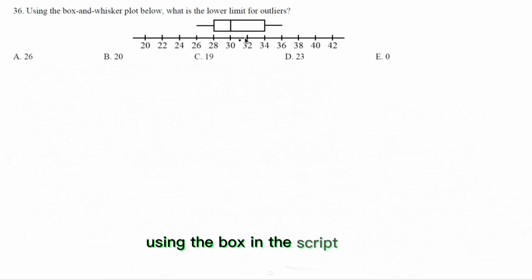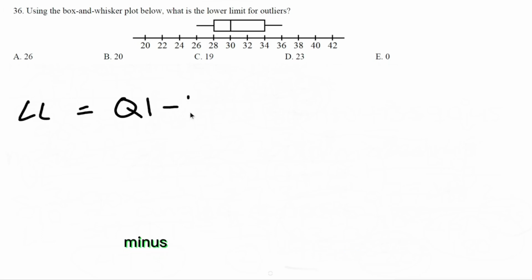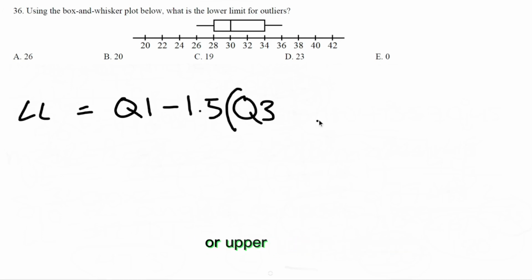Using the Box and Whisker plot below, what is the lower limit for outliers? Alright, so the lower limit formula is LL, which is our lower limit, equals Q1, which is our lower quartile, minus 1.5 times the interquartile range, which is Q3, or our upper quartile, minus Q1, or our lower quartile. Alright, so let's plug in our numbers.